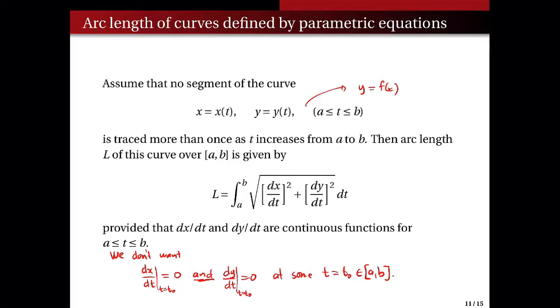So anyway, take note: dy over dx is dy over dt over dx over dt. Remember your chain rule? Your dy over dx is just dy over dt all over dx over dt.